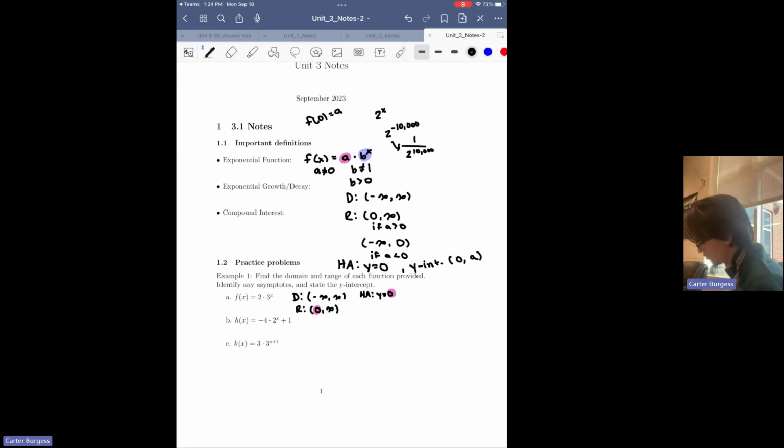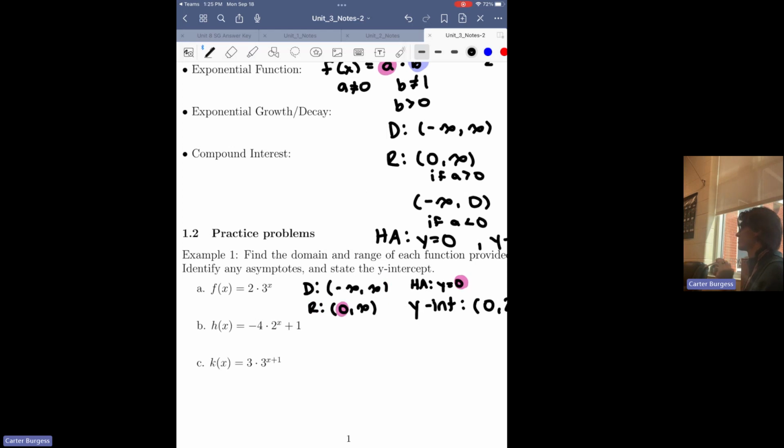And then as far as our y-intercept is concerned, when x is equal to 0, it's going to be 2. 3 to the power of 0 is just 1. 1 times 2 is 2. So the y-intercept is the point (0, 2). The y-intercept is what happens when x is 0. Plugging in 0 for x, 3 to the power of 0 is just 1, so that drops away, and we're just left with that value of a there, 2. Yep.